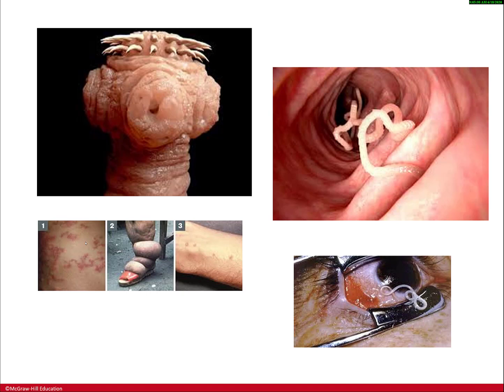The problem is these worms hold the valves open, leave the door open, and it can't close, so it leaks, and you can never sufficiently move your blood, and this is what happens. You get this back drainage due to gravity, and we call it elephantiasis, and it is really nasty. It's hard to deal with.